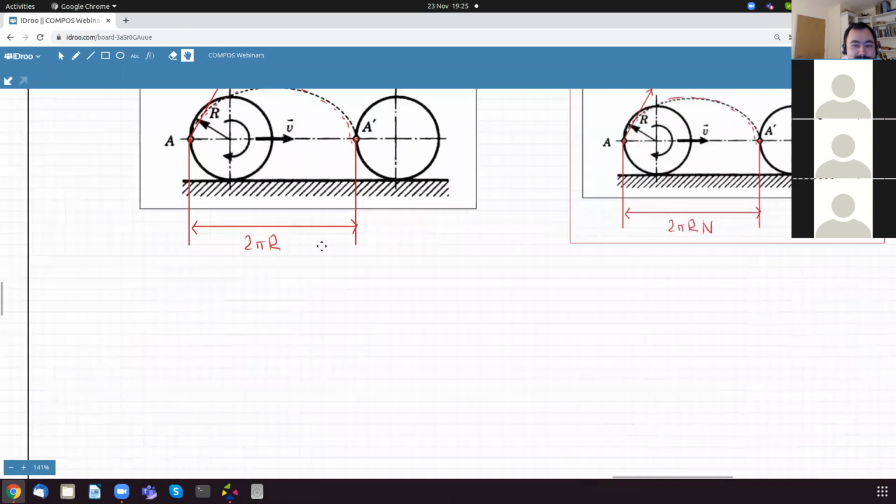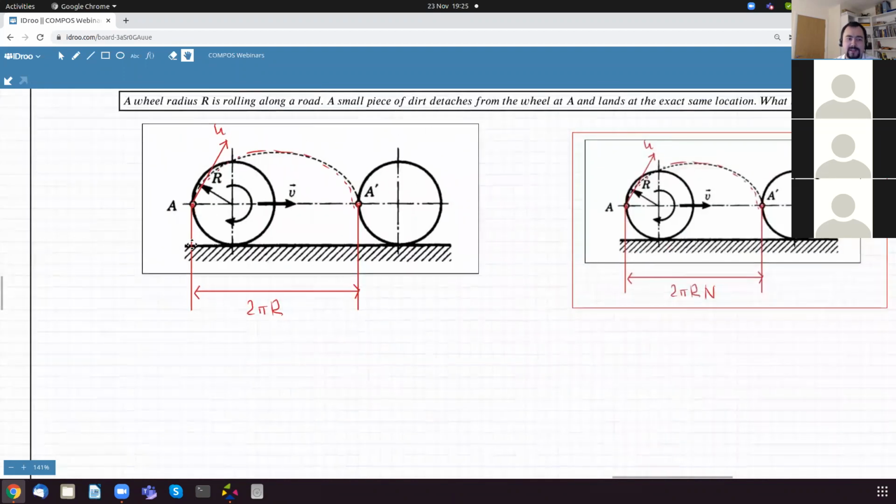So let's do it for one. Well, the hardest thing is to figure out the initial velocity, because as long as you find out the initial velocity, then it's not a big deal.